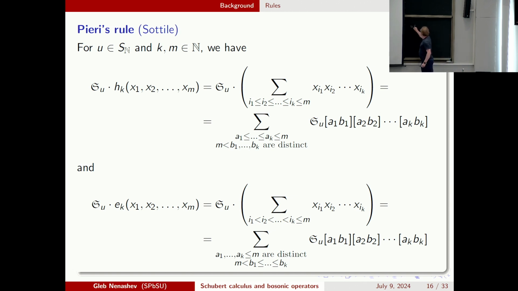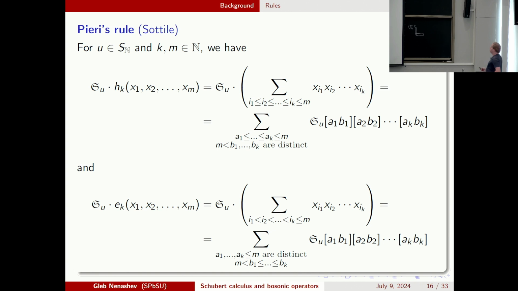There is also a rule when you multiply by Schur functions of hook shape. There are rules for this multiplication, and that's almost everything. Because for the other rules, it's only special permutations, or restrictions on both permutations, which is not really good.